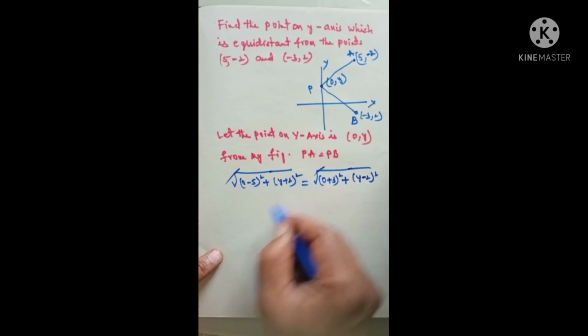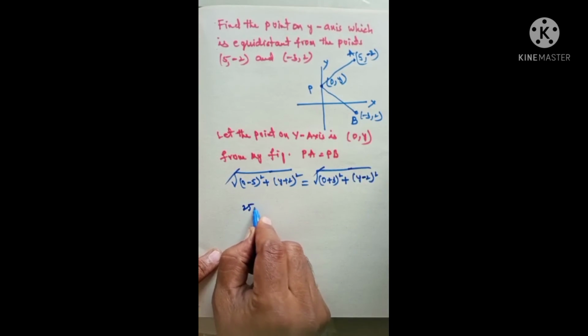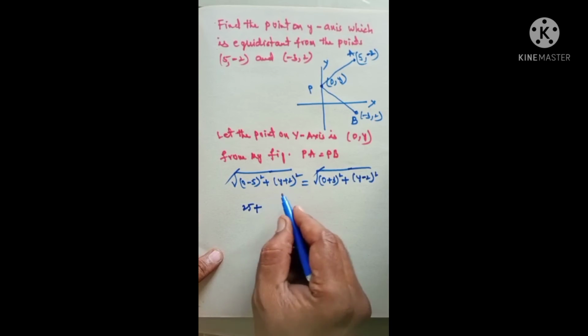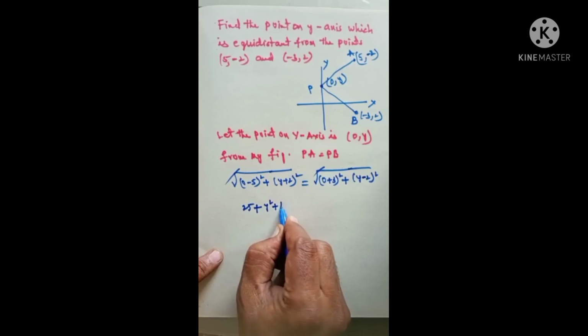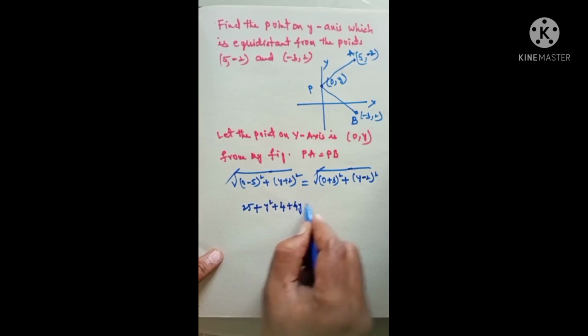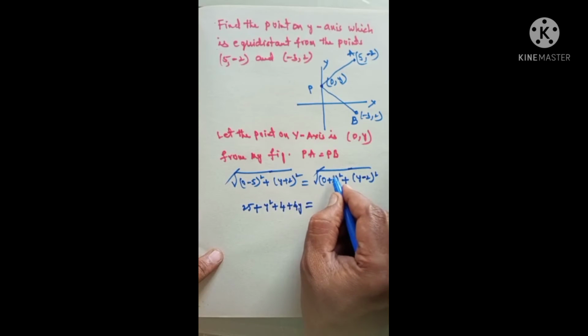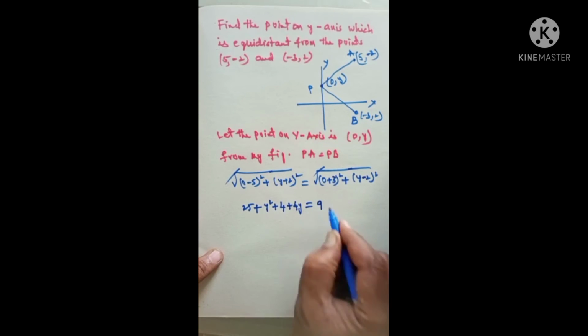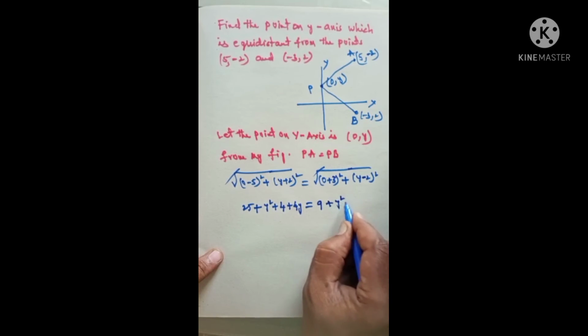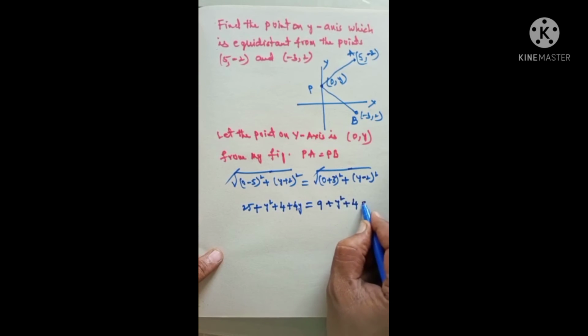The square roots will be cancelled. This is 25 plus, you open with (a plus b) whole square, y square plus 4 plus 4y, is equal to 9 plus y square plus 4 minus 4y, a square plus b square minus 2ab.